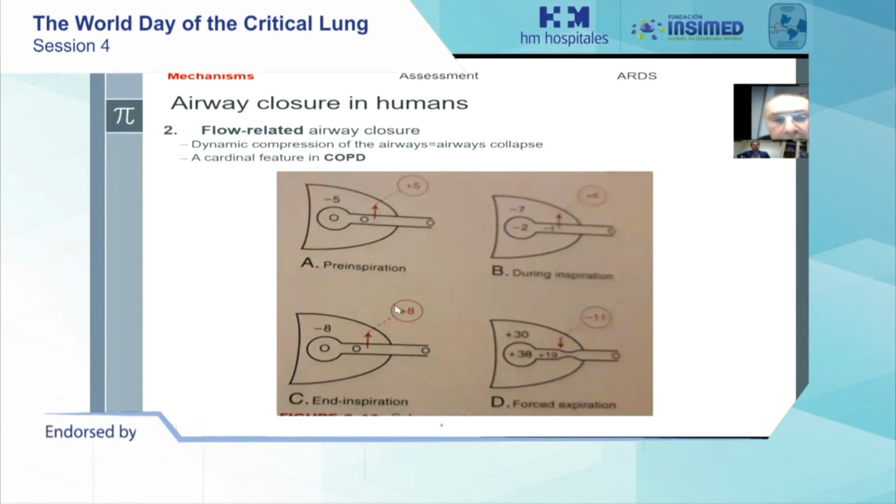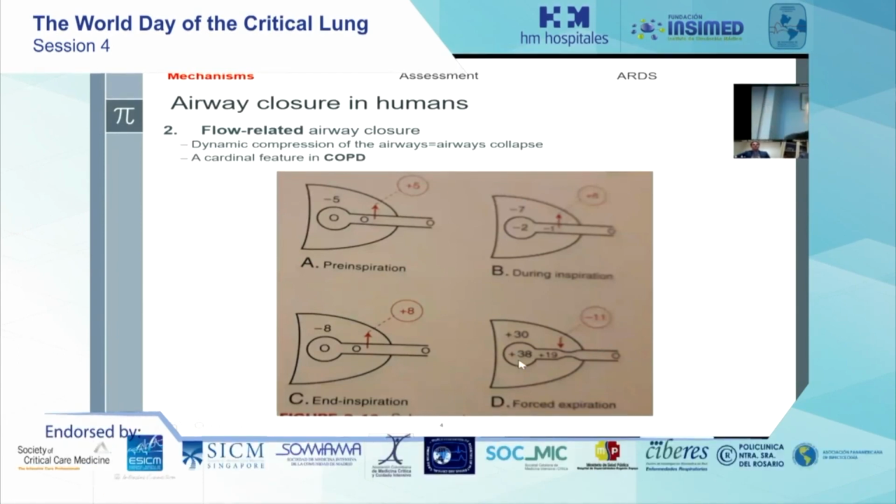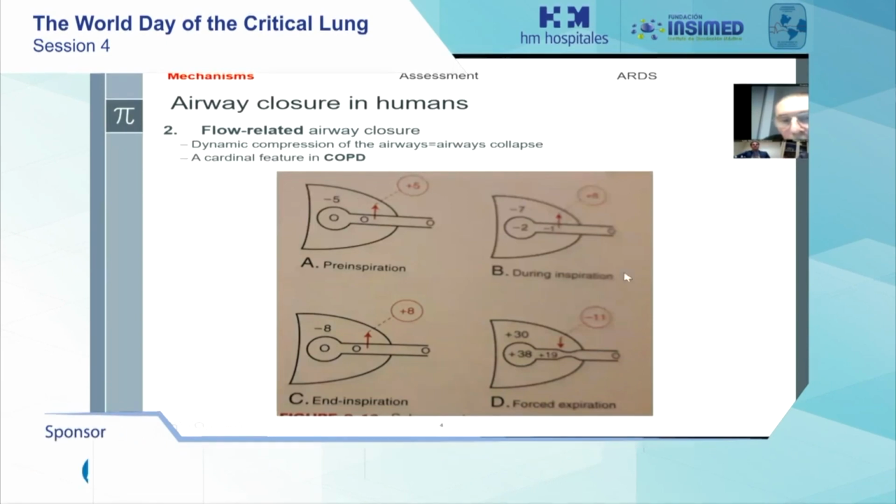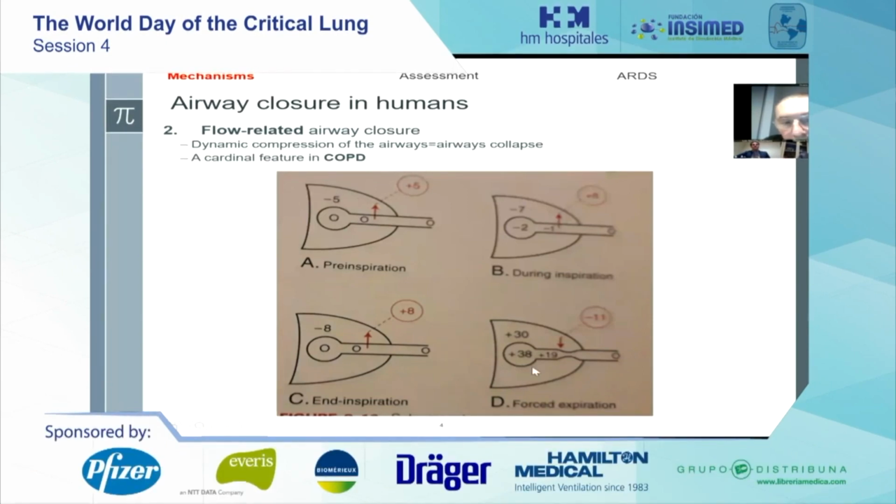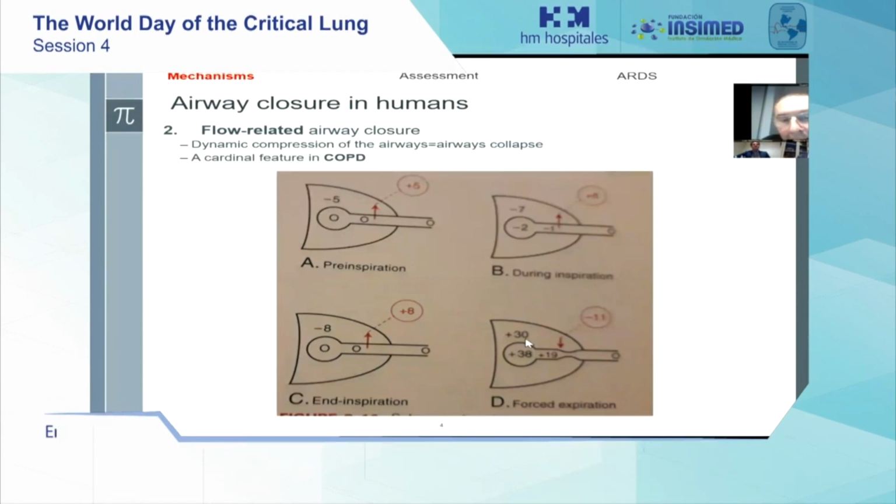And look at what happens in these two parts of this graph. Here, we are at the end of expiration, and we have a transpulmonary pressure of 8 centimeters of water, and we are going to ask the people to make a forced expiration. And then to the 8 centimeters of water transpulmonary pressure, you are going to add 30 centimeters of water of pleural pressure due to the active effort to exhale.